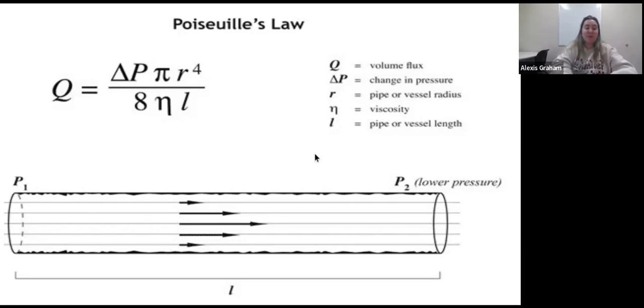The best way I could describe Poiseuille's law, as you can see in this picture, is like a water hose. If you have a longer hose and the hose is wider, then you won't have as much pressure. But if you have a smaller hose or a shorter hose and a smaller radius, then you'll have a higher pressure. So the wider and longer, the less pressure; the smaller and shorter the hose, the more pressure.